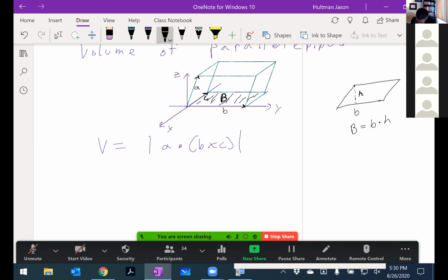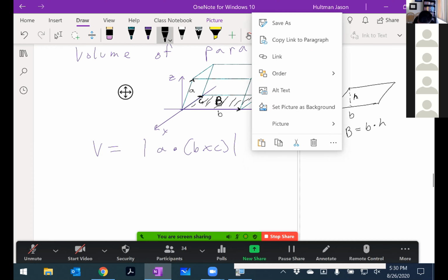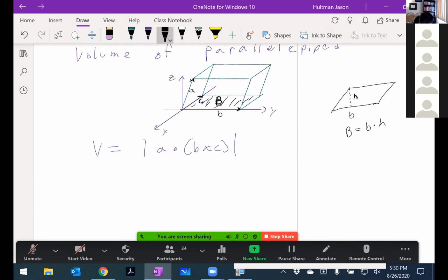The base area. Okay, but now how am I going to find the volume? Well, couldn't I find the height of my parallelepiped? Couldn't I find the height of that? Okay, so the height of my parallelepiped, how am I going to find that? Well, that's this guy right here, right?